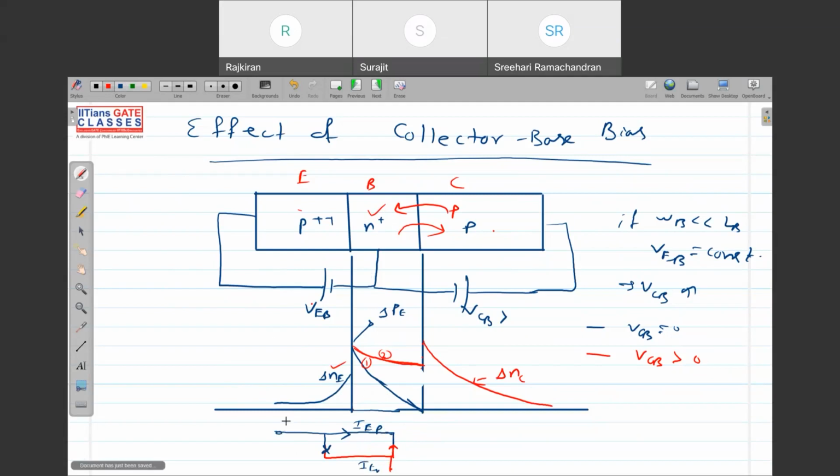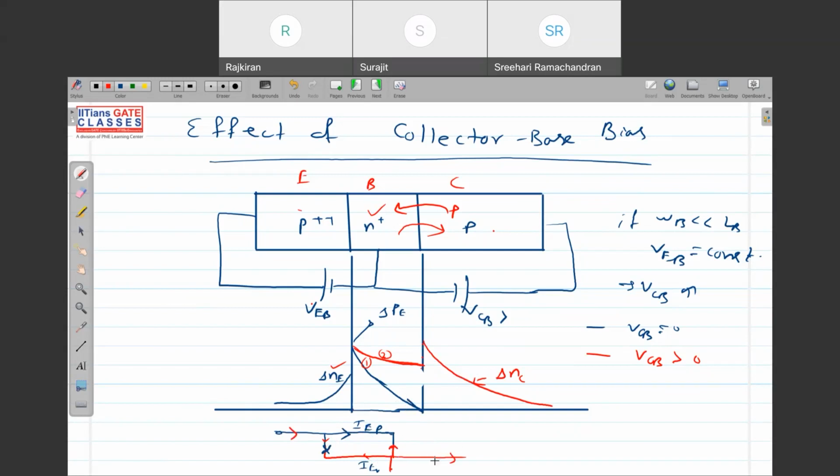The emitter injected holes and also supplies the holes which have been lost because of the recombination with the electrons. Similarly, the base injected the electrons from base to emitter and also supplies the electrons that have been lost because of the recombination.